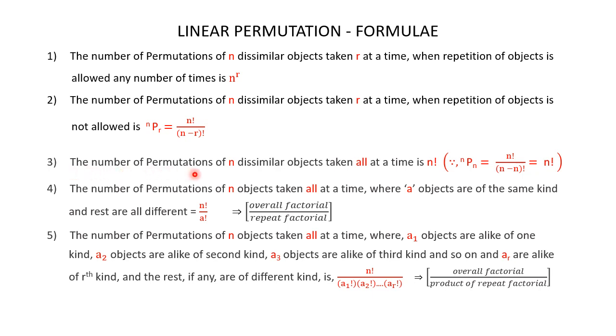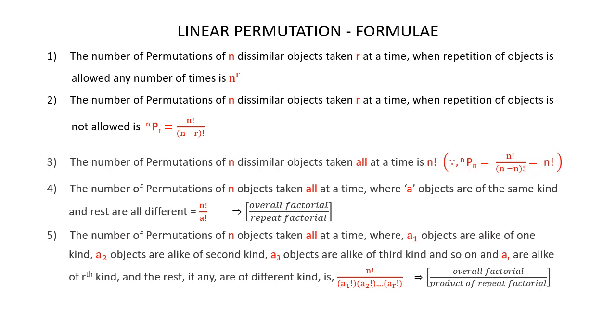The number of permutations of n dissimilar objects taken all at a time is n factorial, because nPn is equal to n factorial divided by n minus n factorial. N minus n factorial is nothing but 0 factorial, and 0 factorial is equal to 1. So nPn is equal to n factorial.